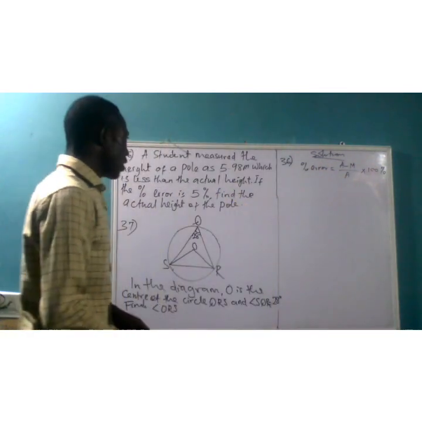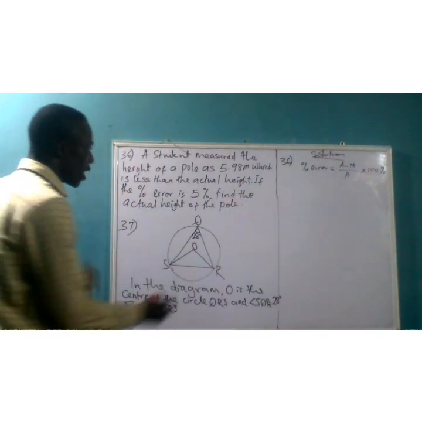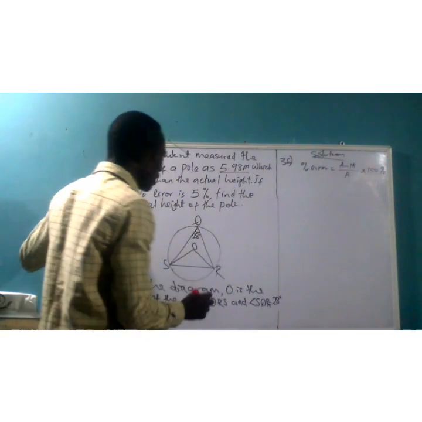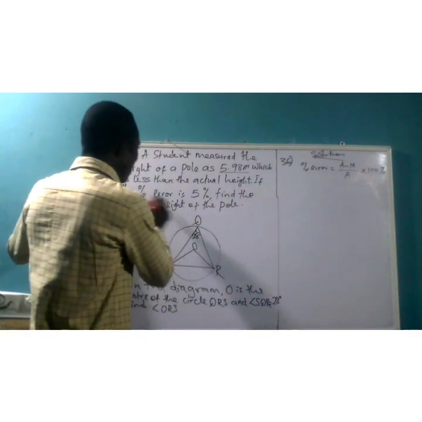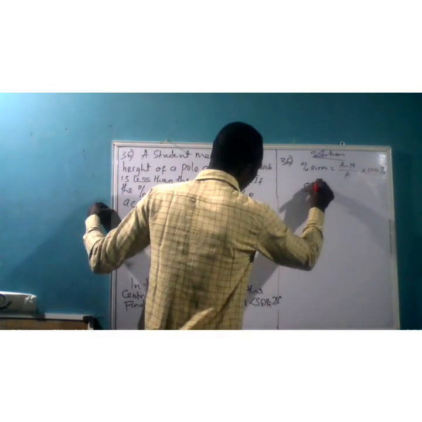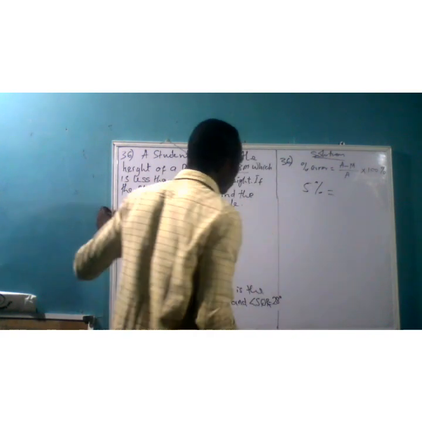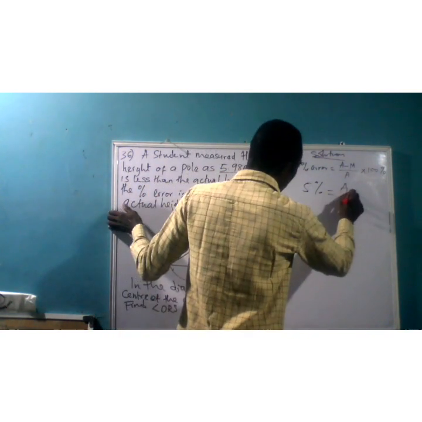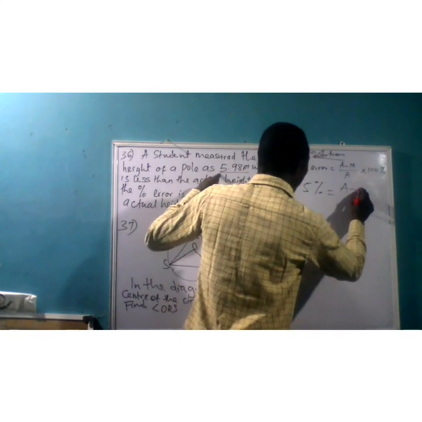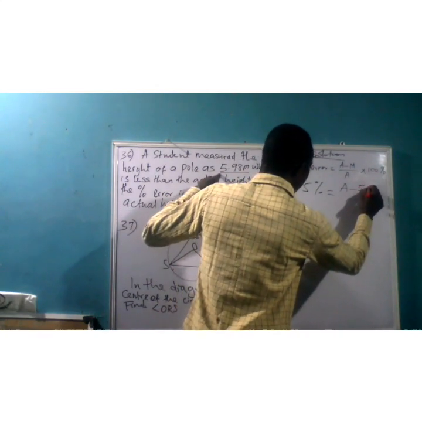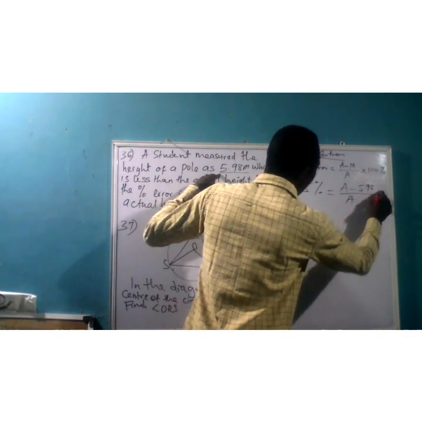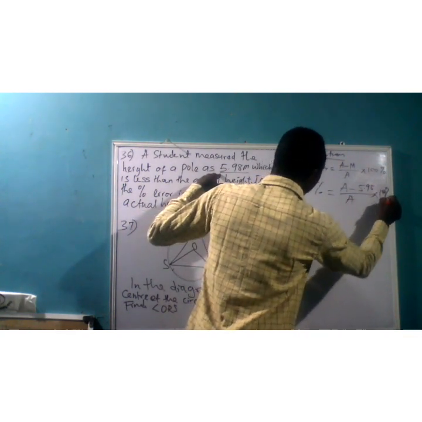Now let's look at those things that we are given in the question. We are given the measured height to be 5.98 meters, and the percentage error is given to be 5%. So we have 5% equal to actual height minus measured height, which is 5.98, all over actual height, multiplied by 100%.